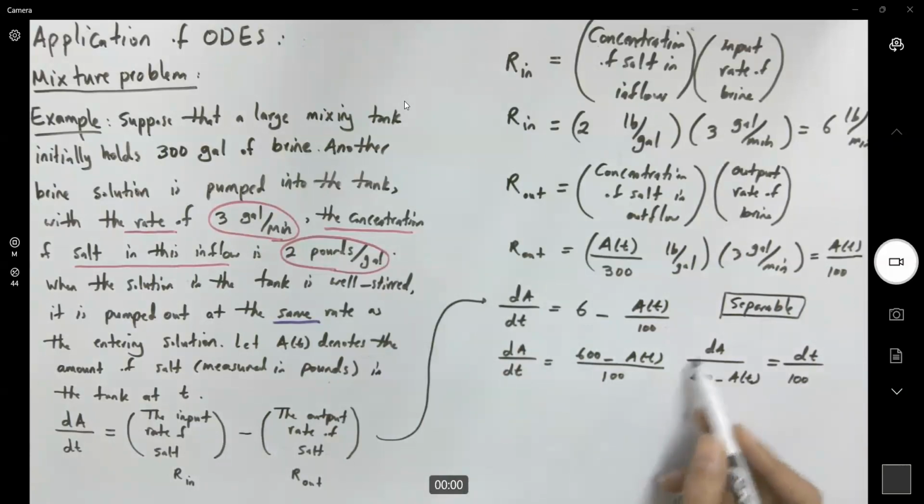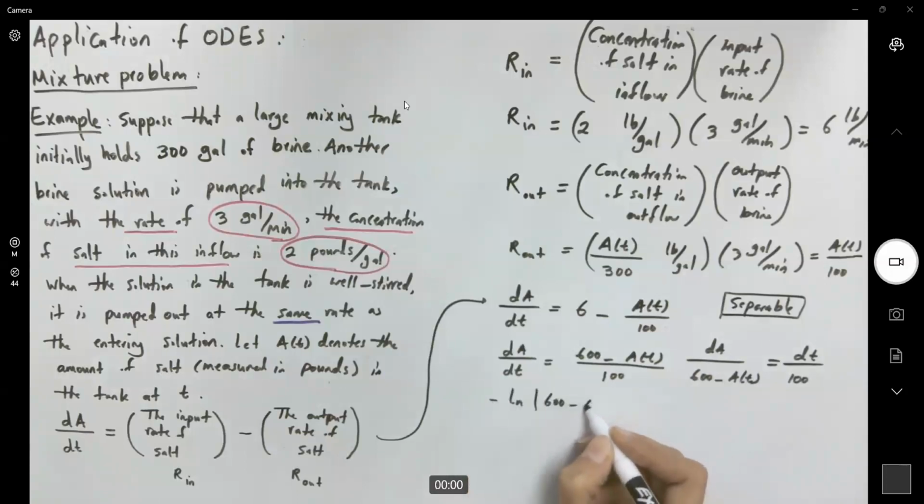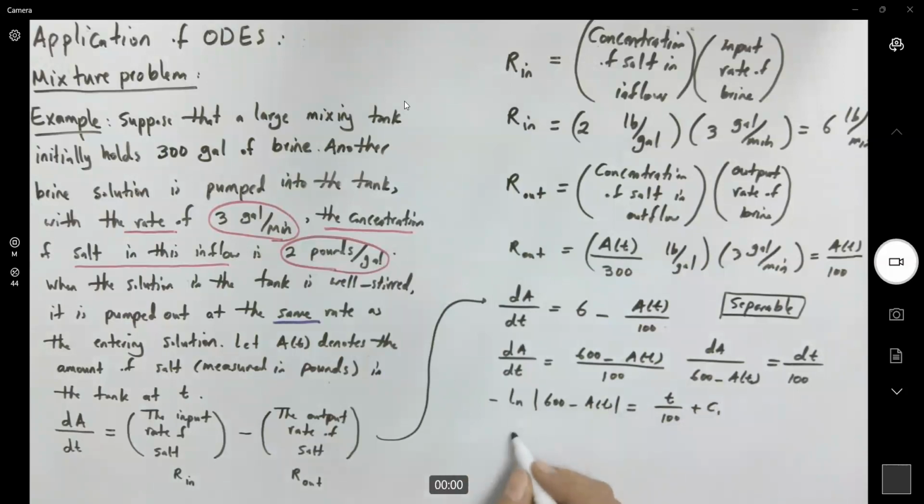If we solve this differential equation, on the left-hand side, we have negative natural log of (600 minus A of t) equals t divided by 100 plus a constant of integration. There you go. If you multiply everything by a negative sign, you get negative t over 100 plus c sub 2. Now 600 minus A of t is equal to e to the power negative t over 100 times plus or minus e to the power c sub 2.